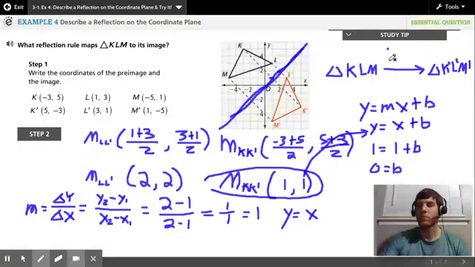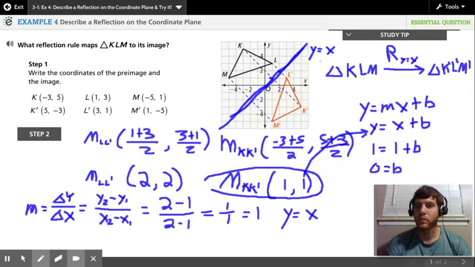So here we have a reflection across the line y equals x. This is the line y equals x. And when we reflect over the line y equals x, we do see a pattern. What we see is the coordinates switching. So negative 3, 5 becomes 5, negative 3. 1, 3 becomes 3, 1. Negative 5, 1 becomes 1, negative 5. The x is becoming the y.